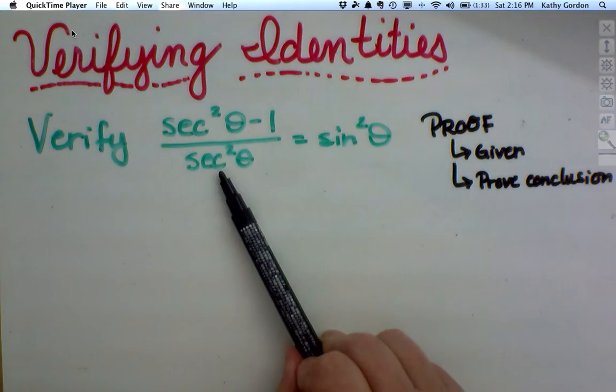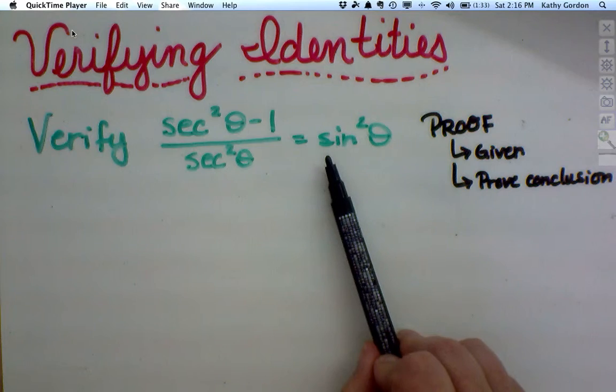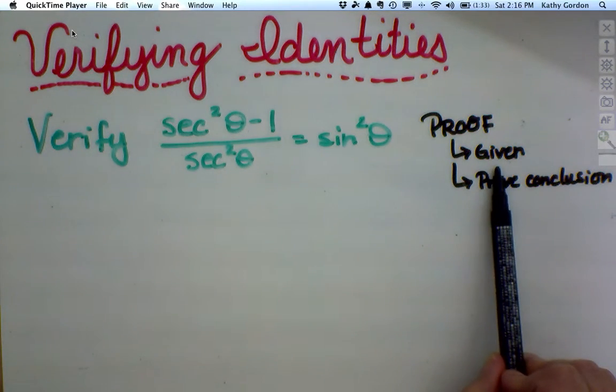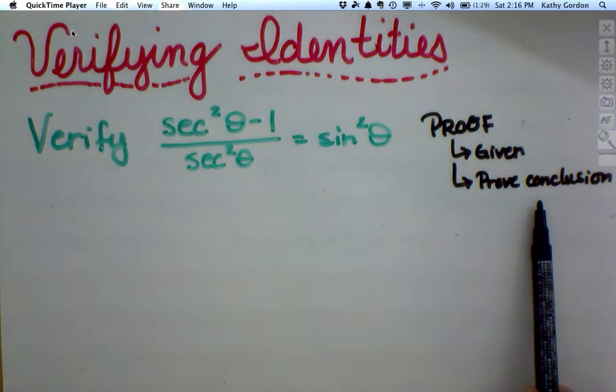We have two sides of an identity. One of these sides is going to start out as our given, and the other side is going to serve as our conclusion.